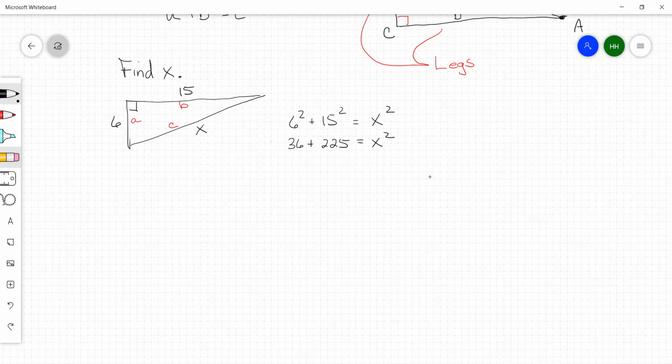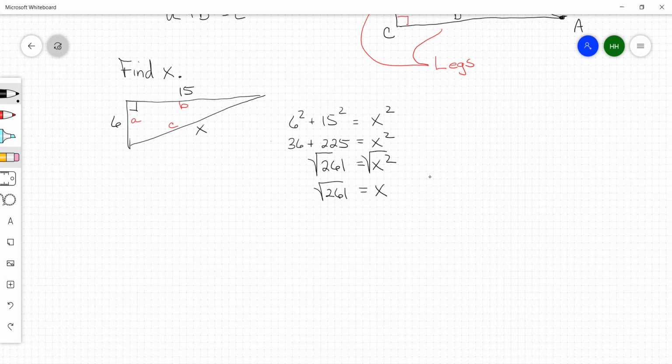And 36 plus 225, 261 equals x squared. So we're going to find the square root of each side. So the square root of 261 equals x. And then we're going to simplify that square root.